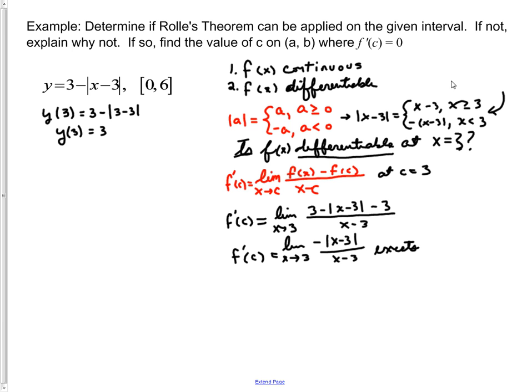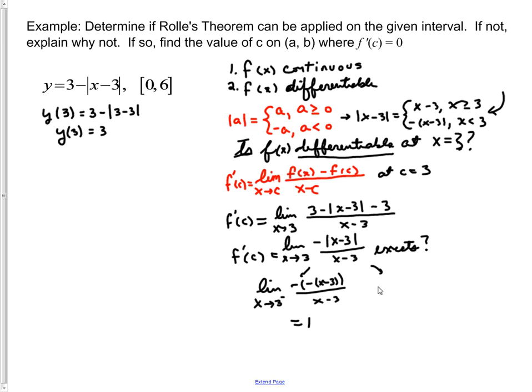Now, if you recall, because we stated this definition up here at the top, that the absolute value of x minus 3 behaves differently to the left and the right of 3, we can actually come to the conclusion that no, this limit does not exist. Because the limit as x approaches 3 from less than 3 is like saying the negative of x minus 3 divided by x minus 3, and we know that that limit becomes positive 1 as x approaches 3.